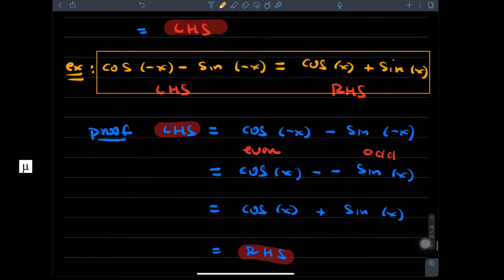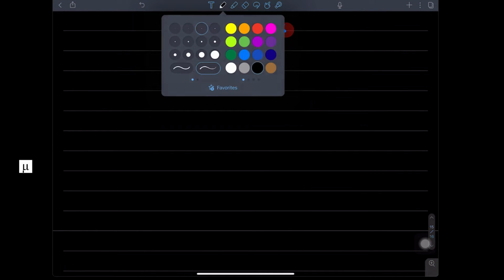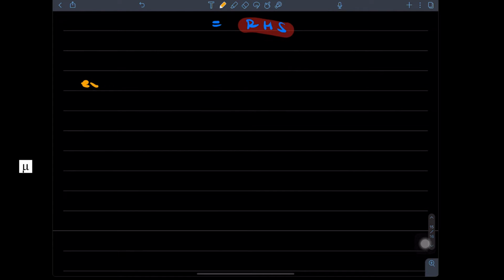Okay, so what do you guys think? Is that one okay? That one's kind of straightforward because it's just using even and odd properties. Okay, I'm going to try this one here. Cosecant.